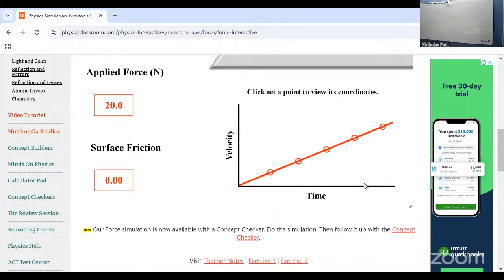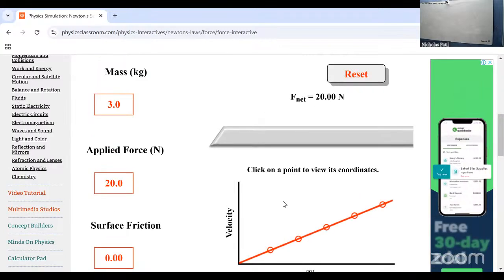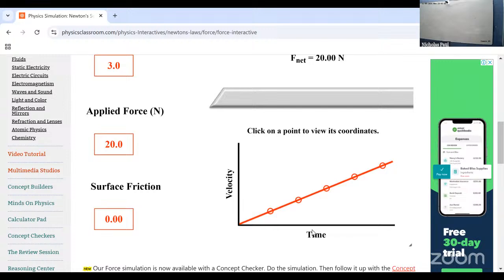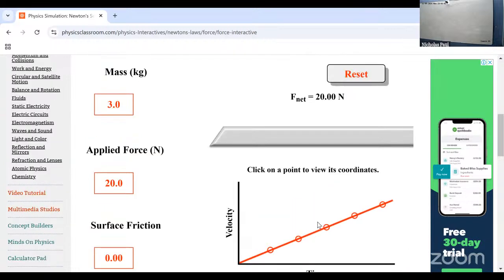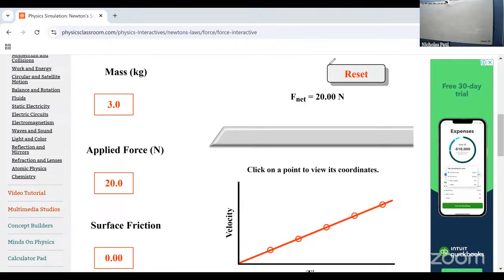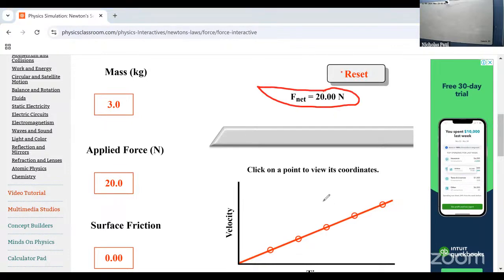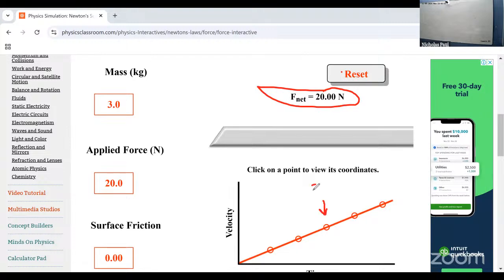Now, can anybody remember what the gradient of a velocity time graph gives you? Acceleration. So here's what you're observing: if I apply a force, I am also getting an acceleration.